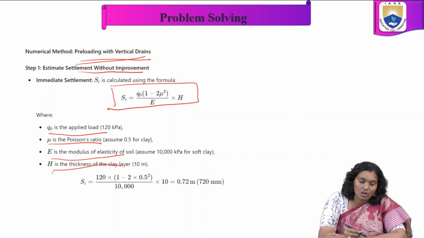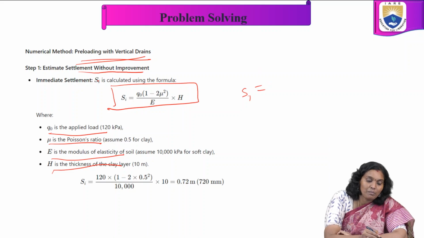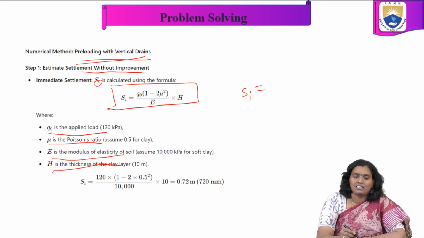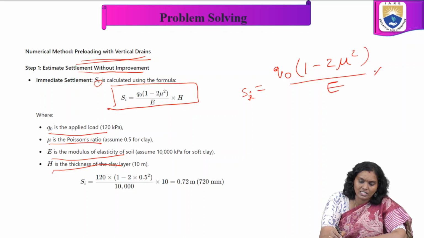These are all given. According to this, we find the immediate settlement, denoted by S_i. The formula is S_i = Q0 (1 - mu^2) / E × H.